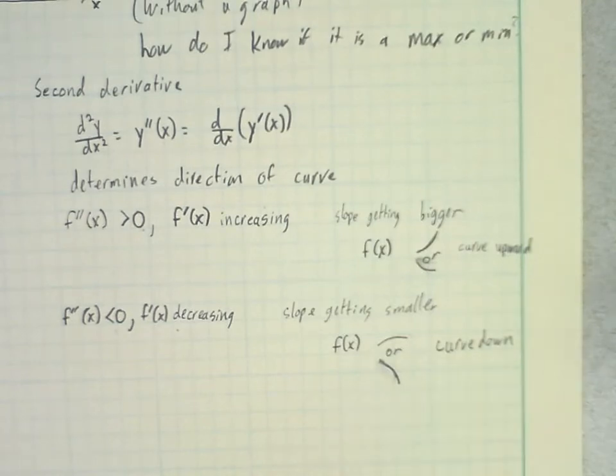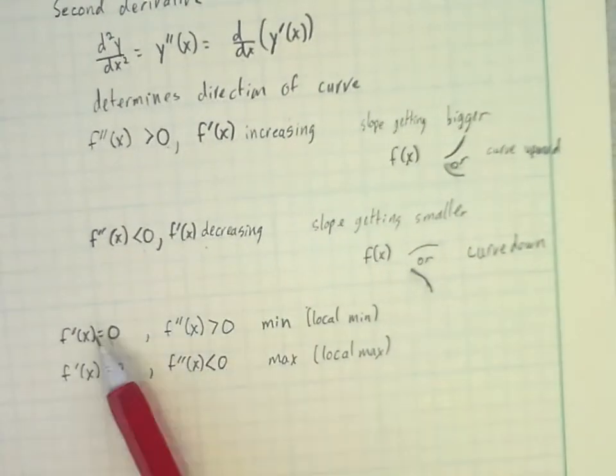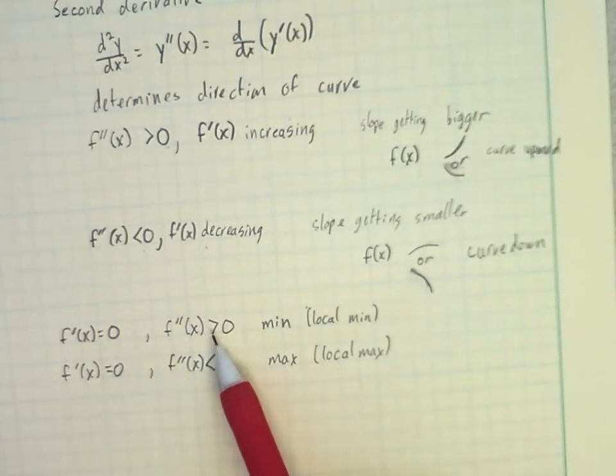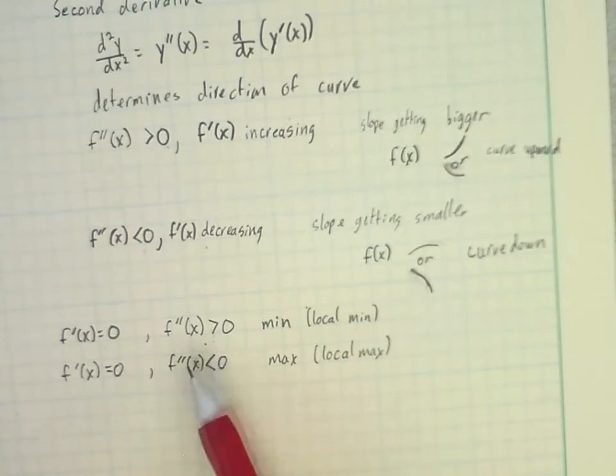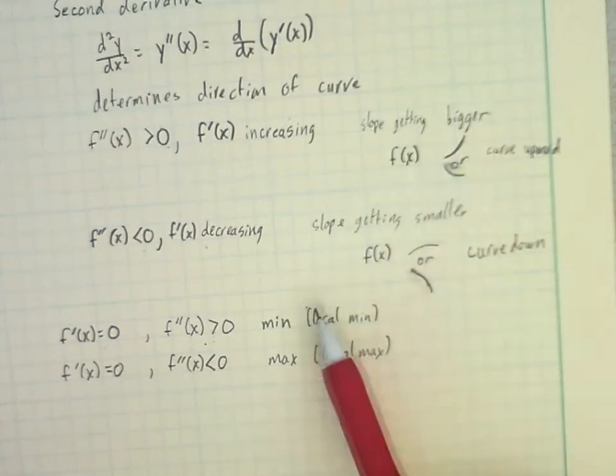So what can that tell us about maximums and minimums? If we know the derivative is equal to 0, then we have a max or a min. Then if we look at the second derivative, if the second derivative is greater than 0 at that point, it's curved up, so we must be at a minimum point because we're facing up.